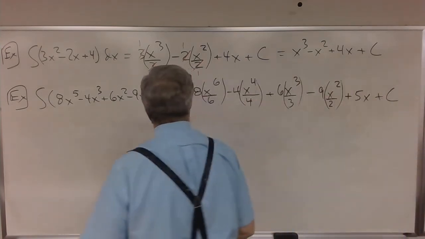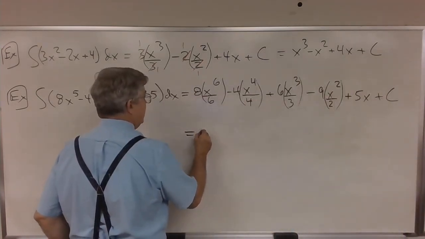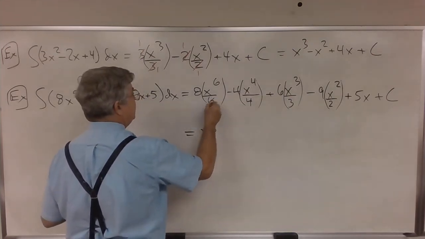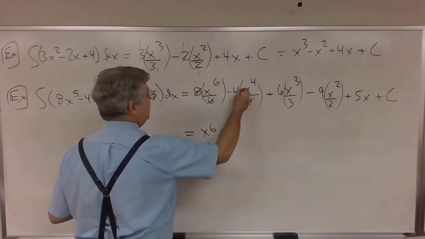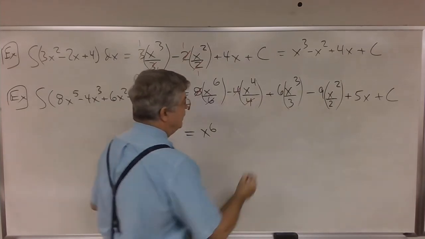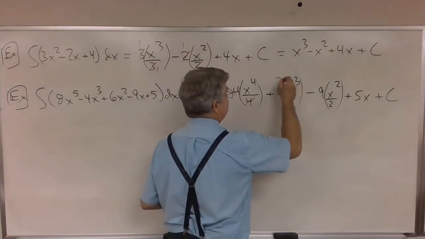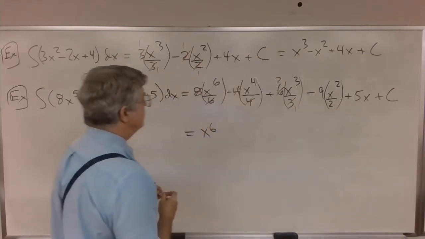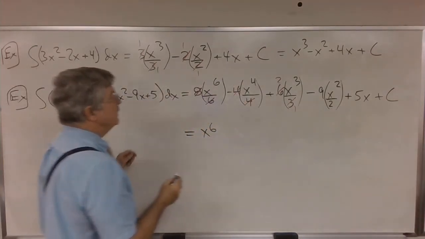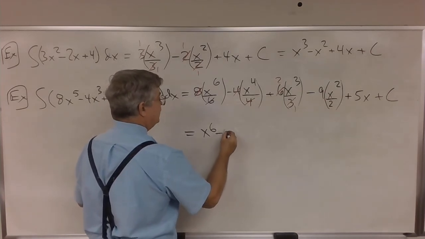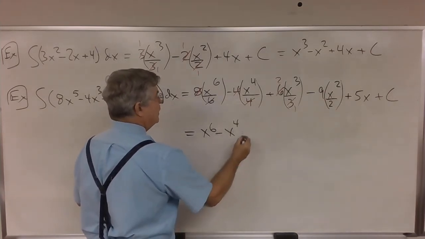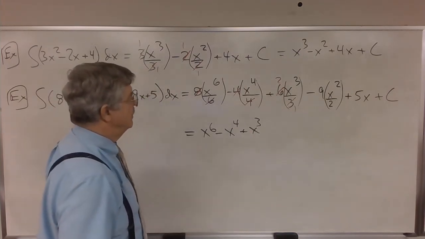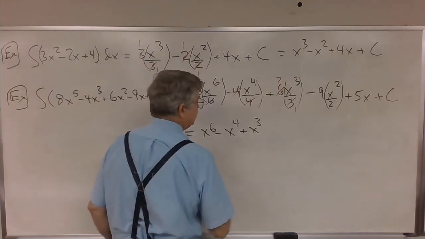And can I simplify this? I think so. X to the 6th. These guys cancel. These guys cancel. These guys cancel somewhat. Oops, those don't cancel. Okay. So we get x to the 6th minus x to the 4th plus x cubed. No, we don't. 2x cubed.